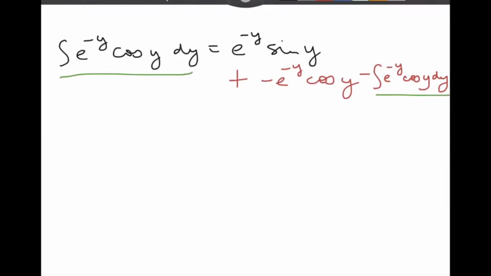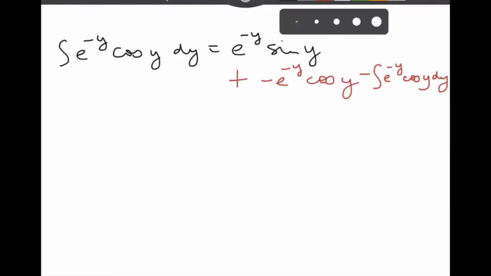And I would even take it if one of them was a multiple of the other, because here's what I'm going to do. Let me get rid of those lines so nobody thinks they are fractions. I am going to add this mystery integral to both sides.